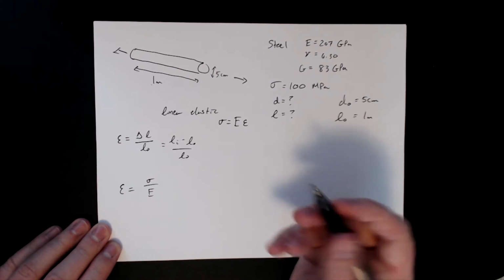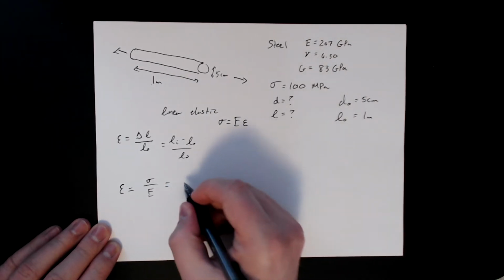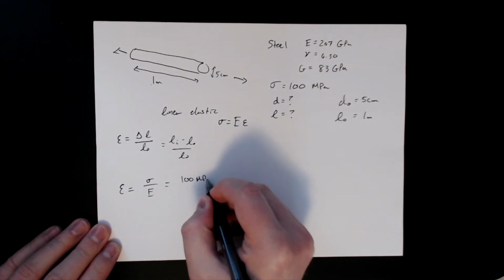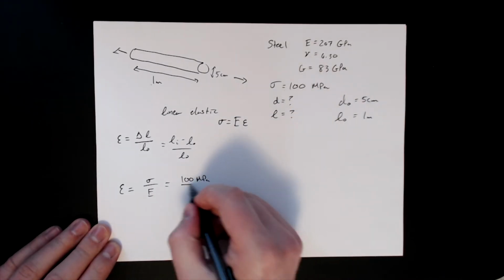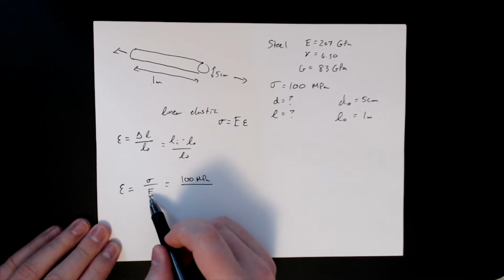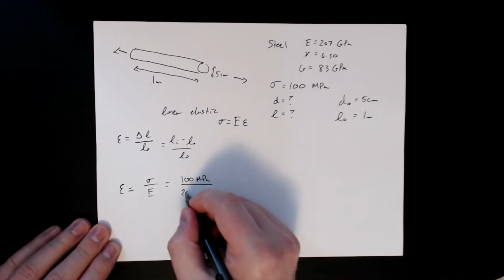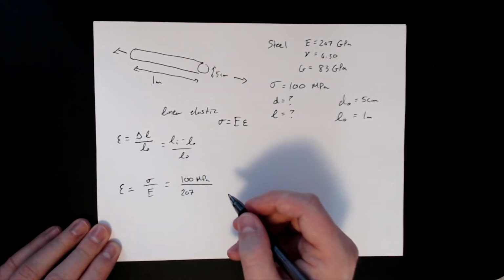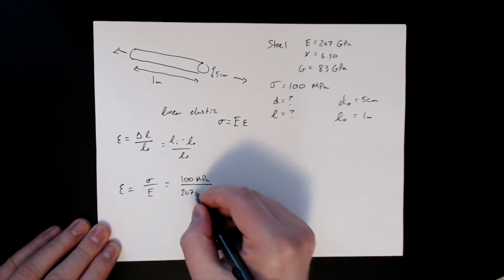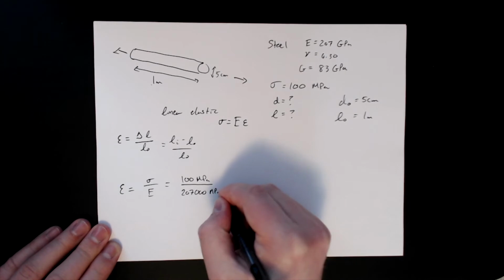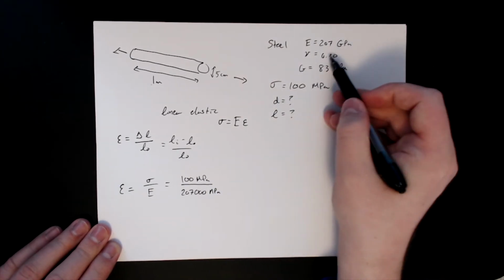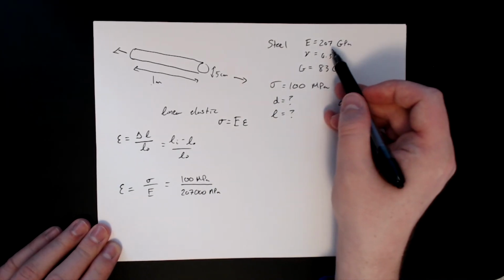If we plug in those values, 100 megapascals for this stress, and the elastic modulus, which we have as 207 gigapascals, we're going to need to convert to megapascals, multiplying by 1,000, because we're converting from giga.